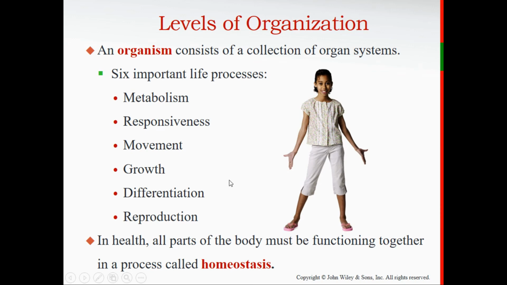And in all parts of the body, there must be functioning together, called homeostasis. This is everything working together, keeping our bodies nice and warm and happy and healthy. Your body is constantly trying to keep things within acceptable ranges. A classic example would be your body temperature, right?